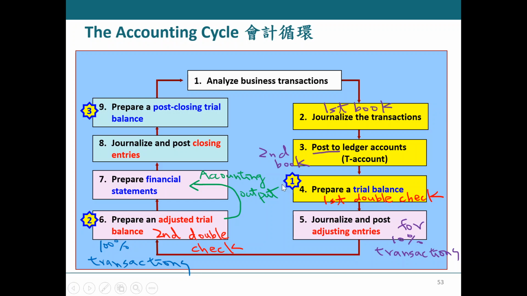Okay? So 10% transactions, adjusting entry, second time double check, prepare financial statements. That's from chapter 3, right?